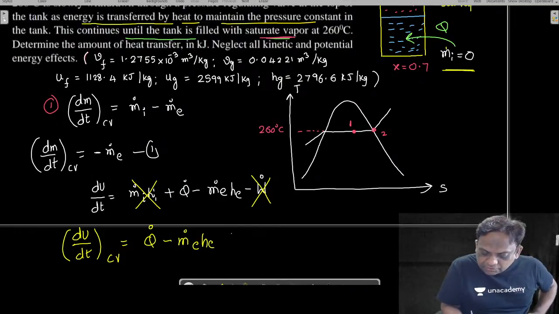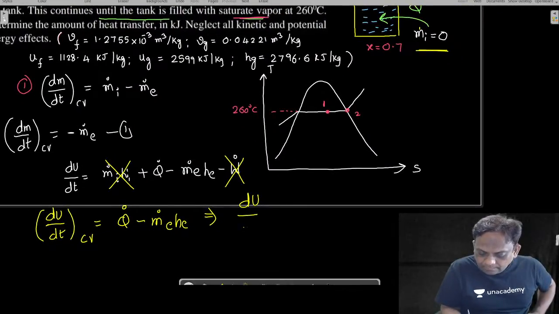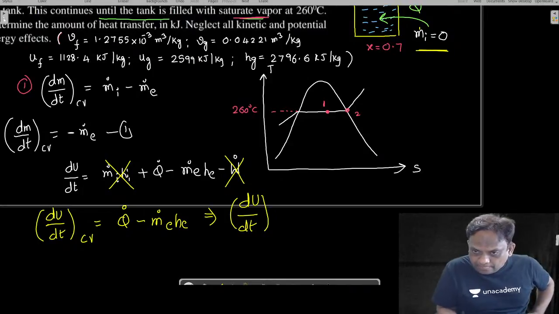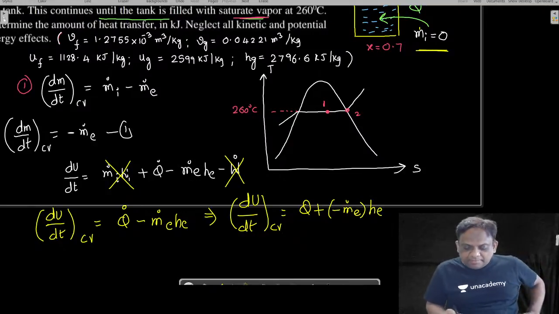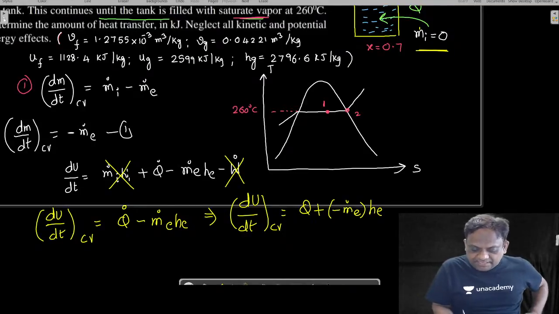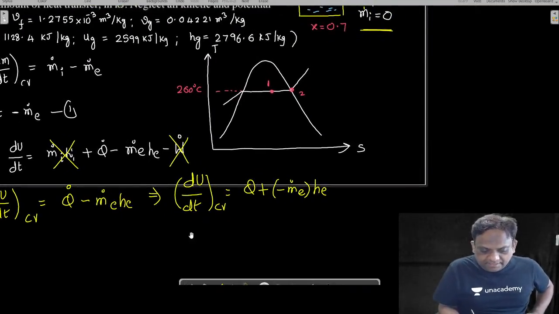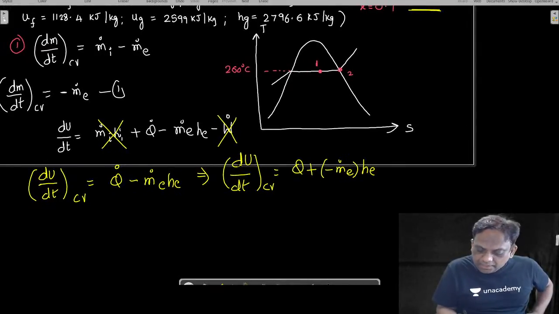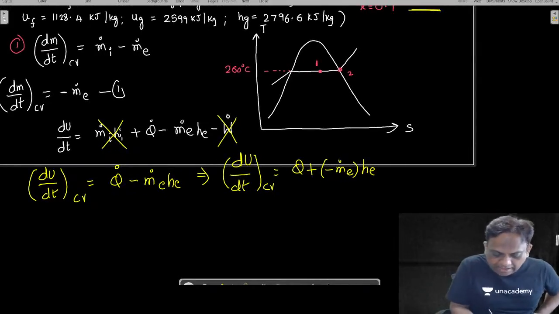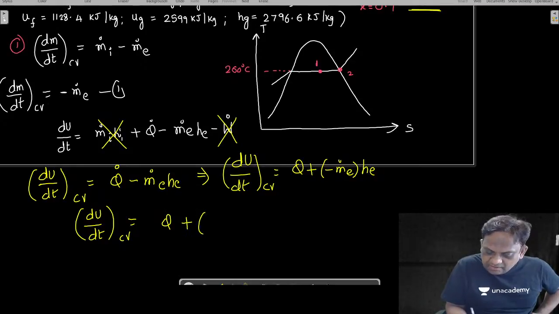This can also be written as du by dt in the control volume is equal to q dot plus, I will write, minus m dot e he. Do you have any problem? Plus into minus is minus, it will be the same. So du by dt in the control volume is equal to q dot plus what is minus m dot e?